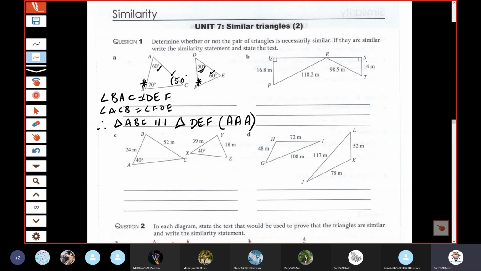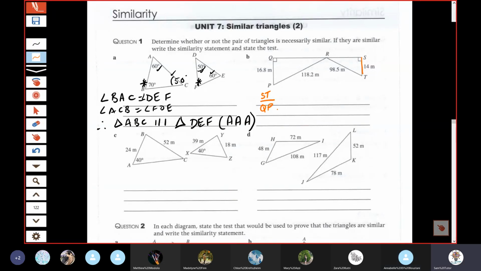And that approach is going to come through the ratios. So what we're going to hope is that ST on, what's the side that would be equivalent to ST or matching to ST? 16.8, so QP.